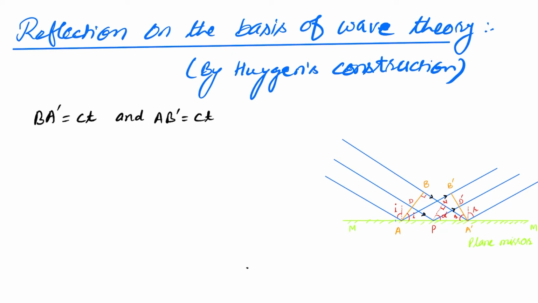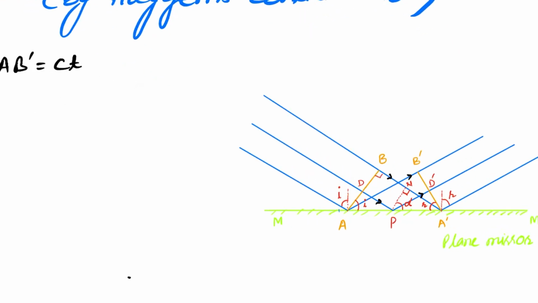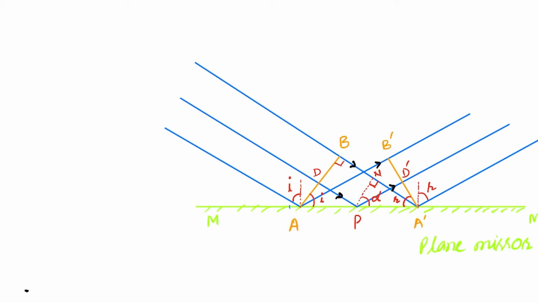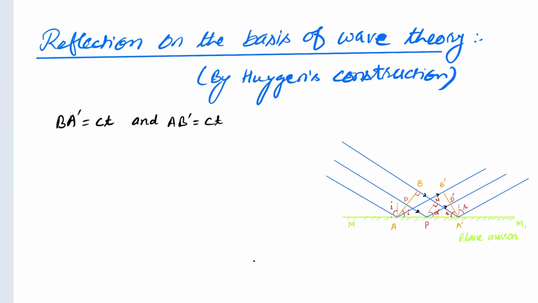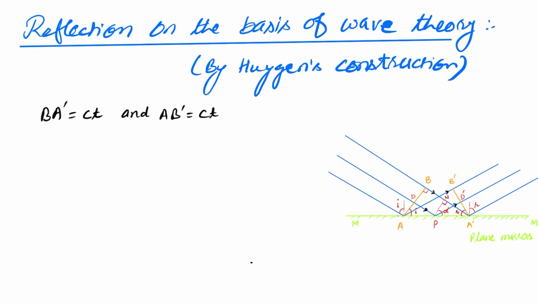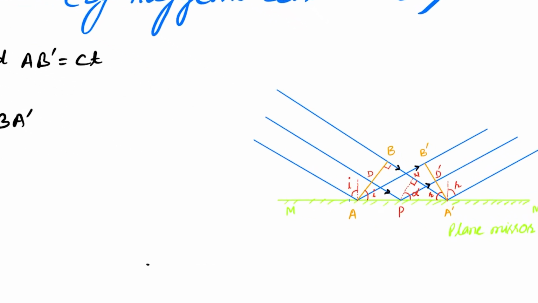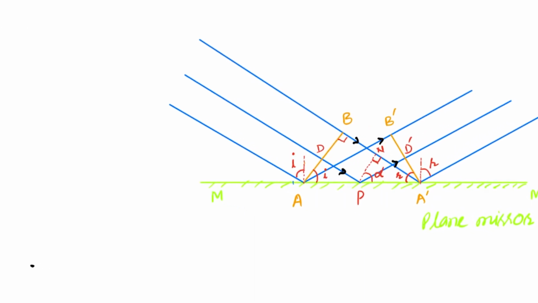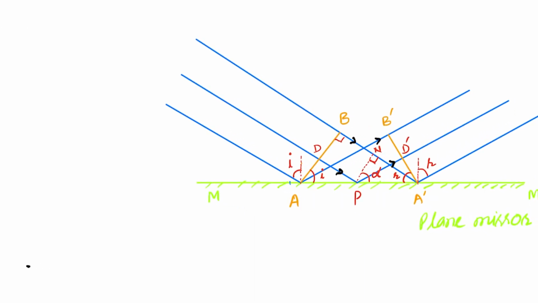Using the Huygens principle, now A'B' is the true wavefront, that is the secondary reflected wavefront, if dP plus PD' is equal to BA'. You can see this in this figure, that is dP plus PD' is equal to BA'.